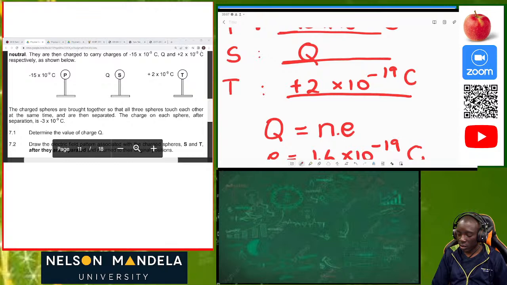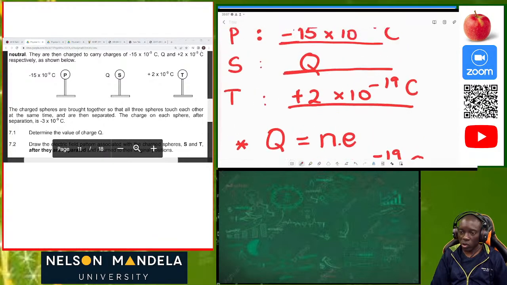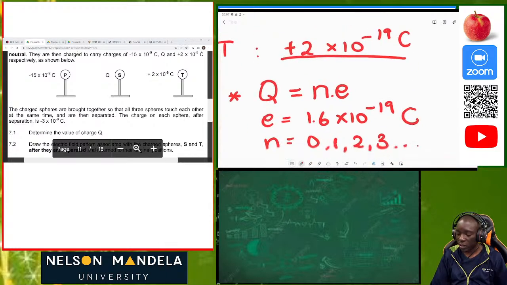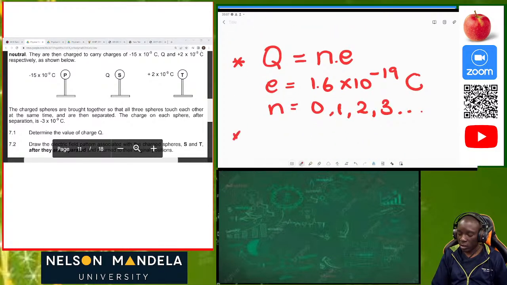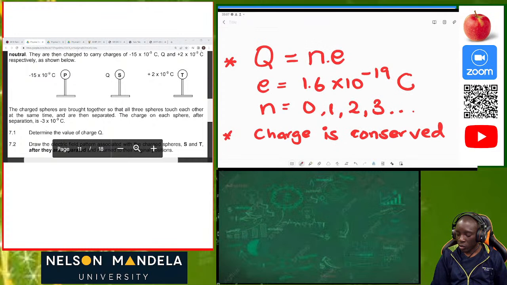The first thing to note, or to try and recall, is that charge is quantized, and also remember charge is always conserved. So the second thing there is, charge is conserved. We have conservation of charge in as much as we have conservation of energy. Charge can neither be created nor destroyed, which means the total charge of the system should be constant.